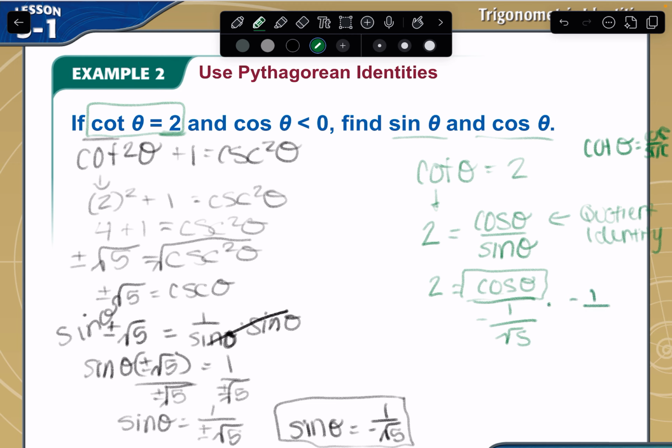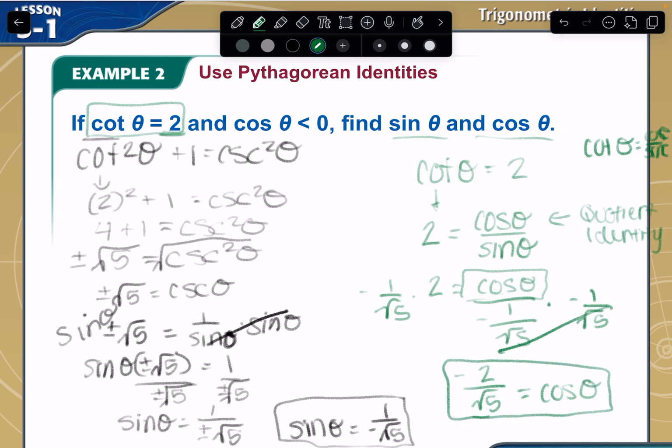I'm just multiplying by 1 over the square root of 5 to both sides. So when I do that, this side would cancel. I would end up with negative 1 times 2, which is just negative 2 over the square root of 5, is what my cosine value would be equal to. Okay, so that's kind of where all of that is coming from.